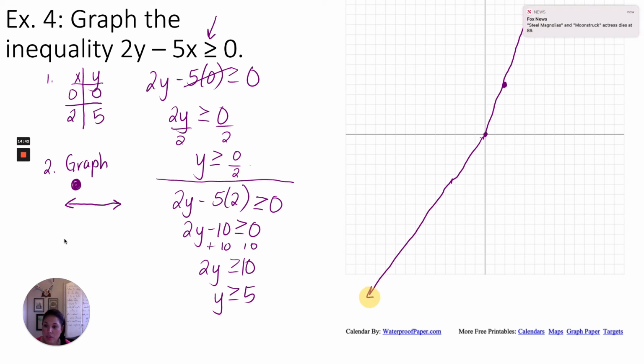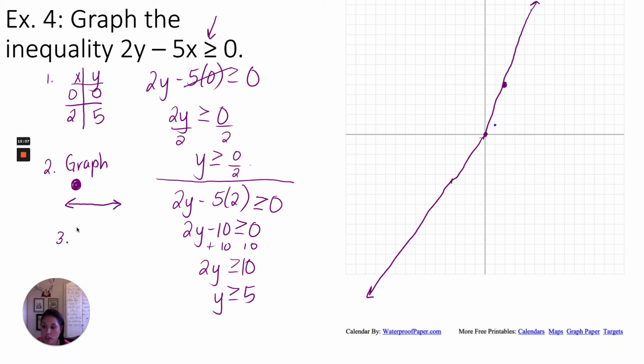And now it's time to test. I typically use the origin to test to see if my inequality statement is true. But I can't use my origin because 0, 0 is part of one of the points that I used for my line. So I can't use 0, 0. Your next best bet will be to use 1, 1.